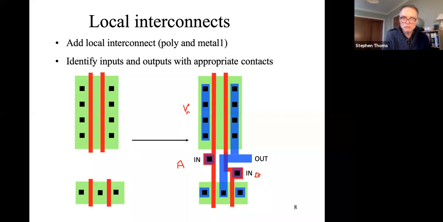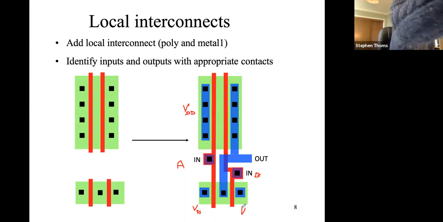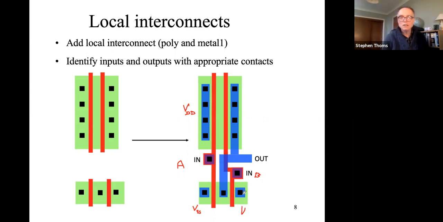A bit slow drawing this, but that's going to be our ground. Sorry, that's our power rail. And this is our 0 volt. Likewise here. Okay, so there we are. So that's the basic connections.